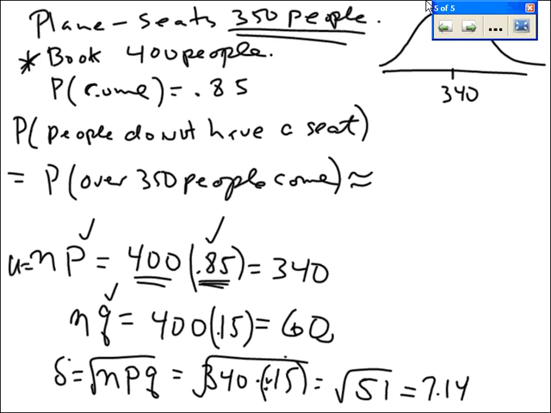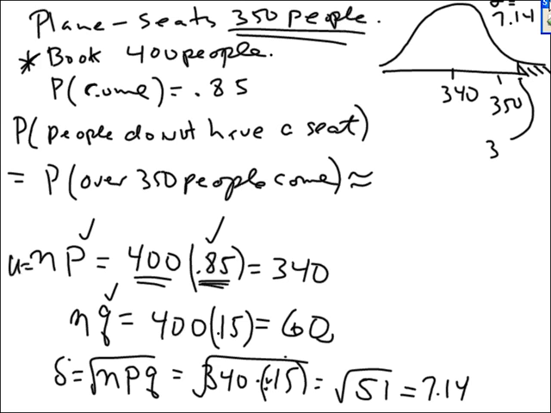And we're ready to insert our x. Now, we want over 350 people. So here is 350. We want over 350. That means we don't want 350, so in this case we can actually use 350.5.